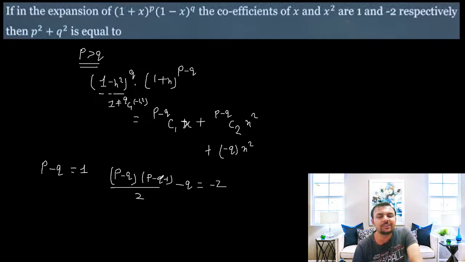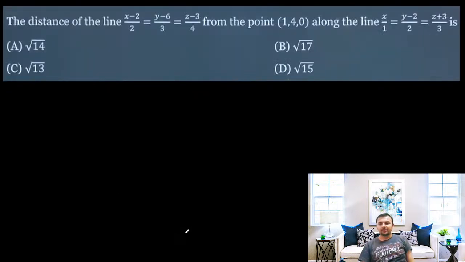So this is 1, 1 minus 1 is 0. So q equals 2 and p equals 3. p square plus q square is 13. So simple question, the distance of the line from this point along this.